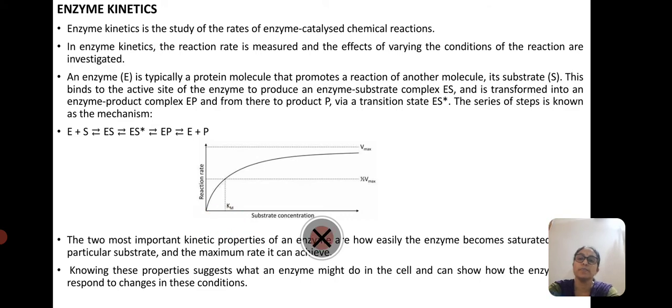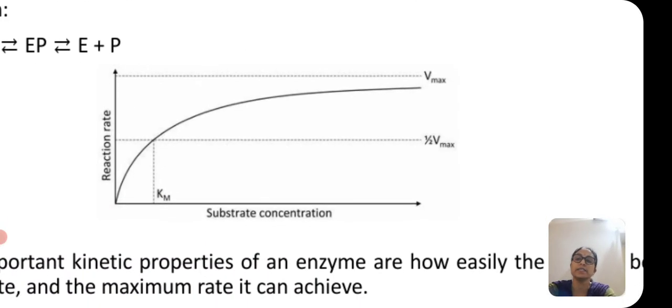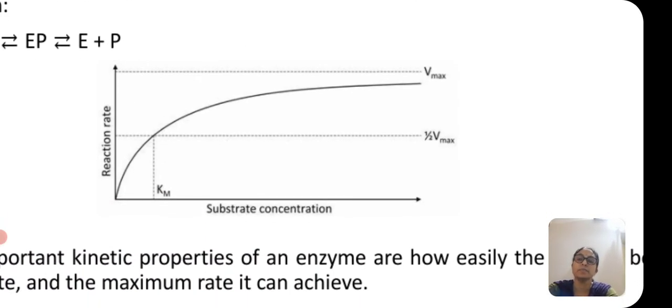So this graph tells us how exactly the substrate concentration is going to decide the mode of the enzymatic reaction. This is the rate of reaction.